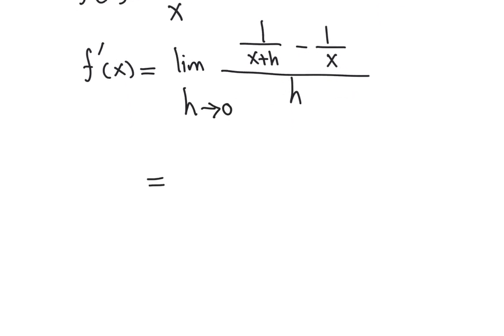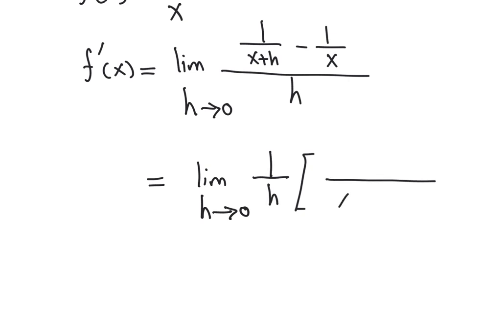When I work on rational functions, when I have fractions, the first step is I write my limit like this, over h, because it's a very large and long fraction. It is better to factor out 1 over h, and then you find the common denominator, which is x plus h times x.